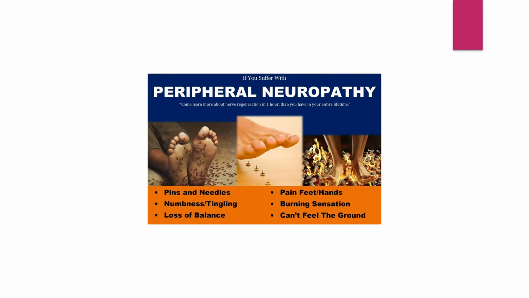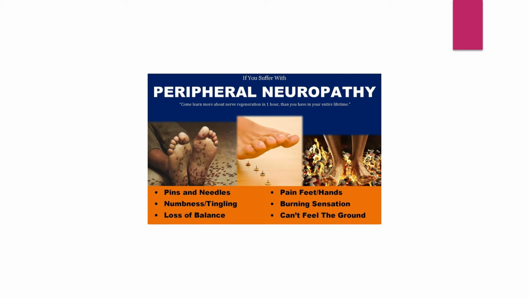Next in nerve pain is peripheral neuropathy. If you find symptoms like pins or needles, although it is not present in reality, but you're feeling a pin-like sensation or an ant-like moving, tingling, numbness sensation over the feet, or burning sensation, and you cannot feel the ground, loss of balance.